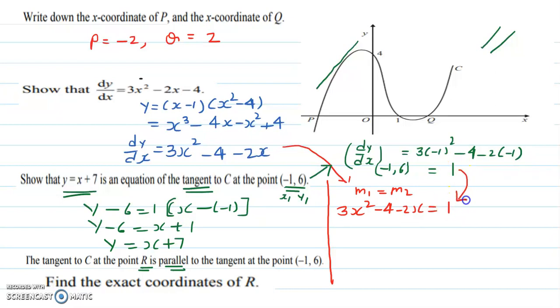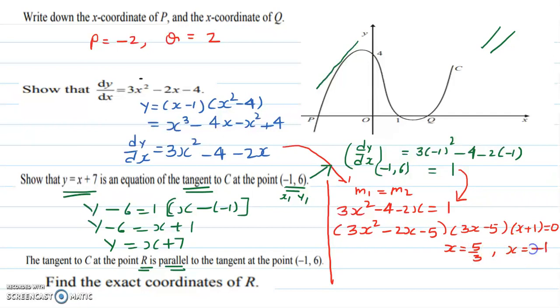If you solve this, we factorize 3x squared minus 2x minus 5, and we get (3x minus 5)(x plus 1) equals 0. So we got x equals 5 by 3 and x equals minus 1.